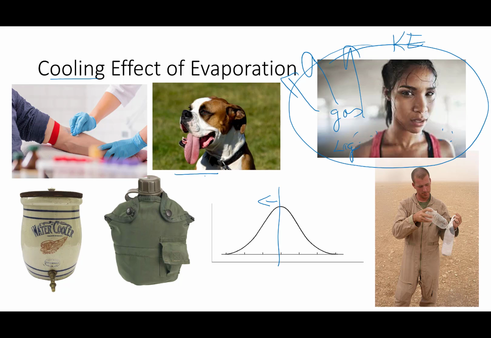Why do dogs pant? Well, they don't have sweat glands, and so water evaporating off of the little doggy's tongue cools down the dog because the high kinetic energy molecules leave and cools them down.